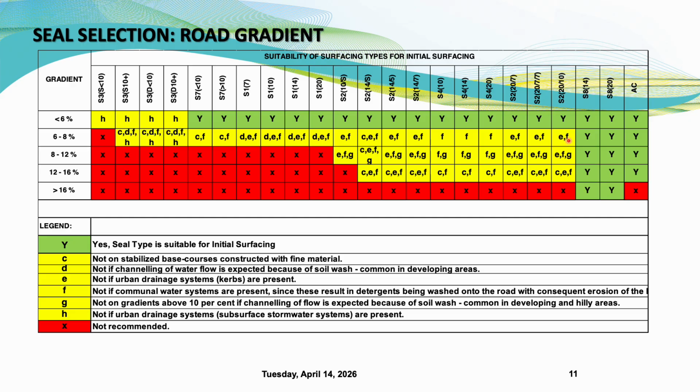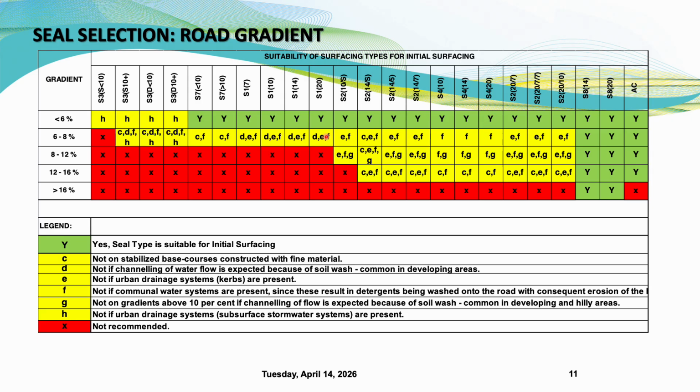E and F show that if it is an urban environment, you cannot use it. If it is in a rural environment, you can use, say, a S410, a S414, and a S420.